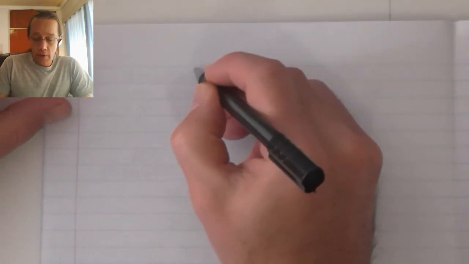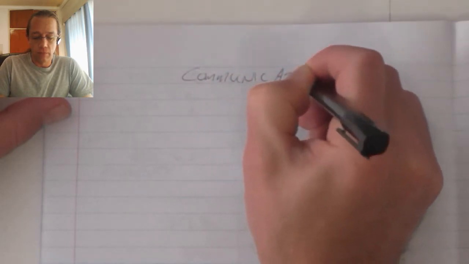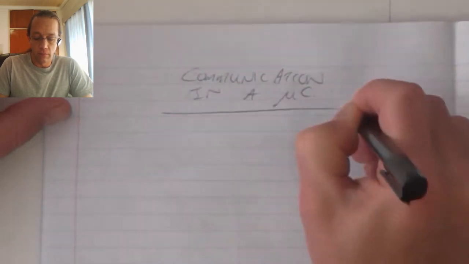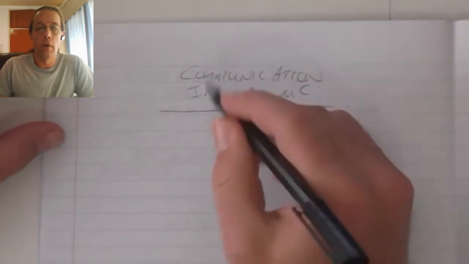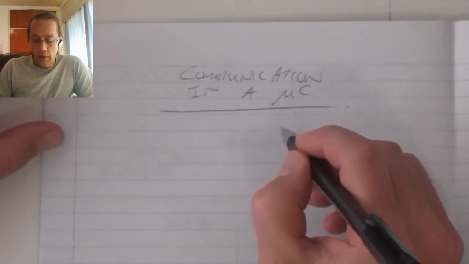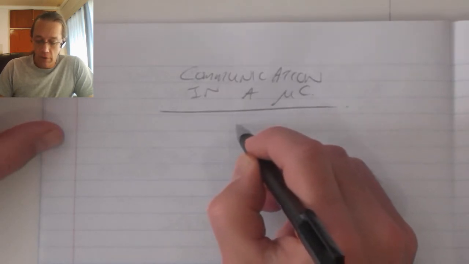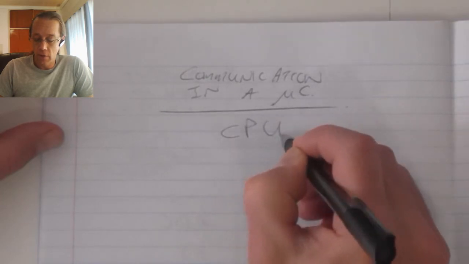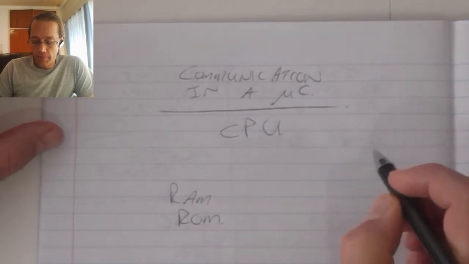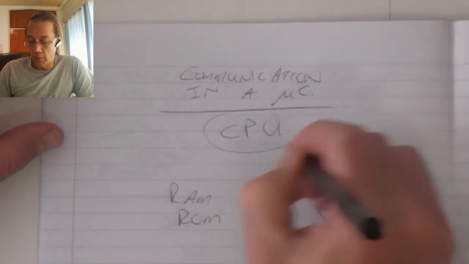Communication in a microcontroller. Right, what does this refer to? Thinking back to the block diagram of the microcontroller, we saw that it consists of the central processing unit, the RAM and the ROM, as well as the input-output peripherals.